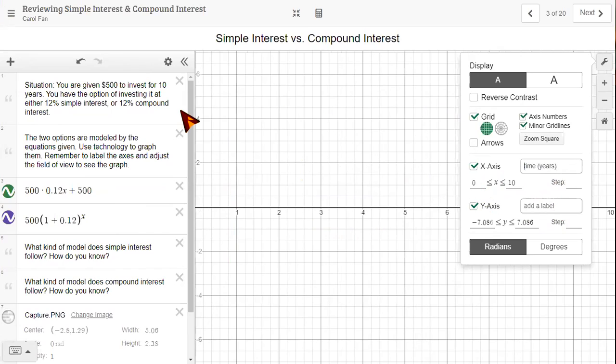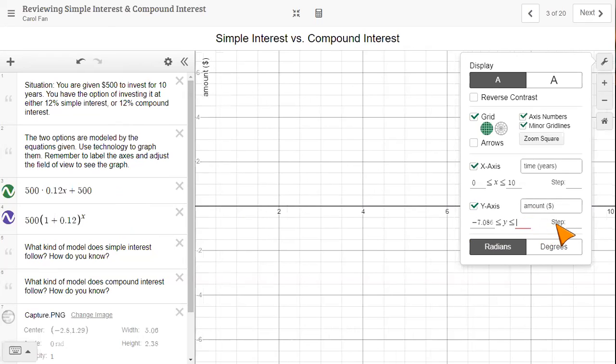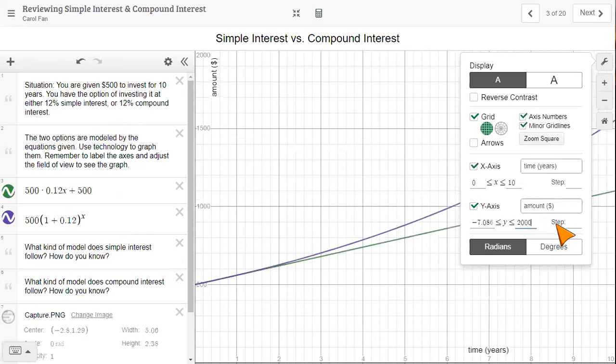And our y-axis, we're referring to the amount, and the amount is in dollars. Now, when we typed in the equation itself to find out what the amount is in 10 years, we know that it went up to 1,500. So maybe I'll go up to 2,000 so that I can see my graph.